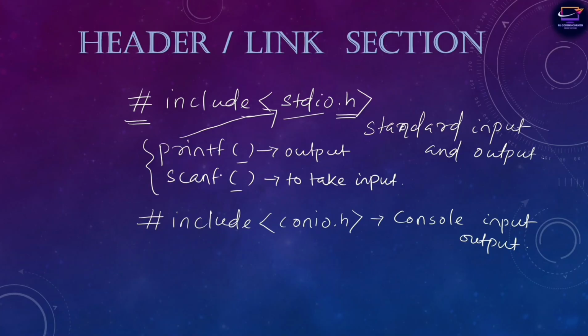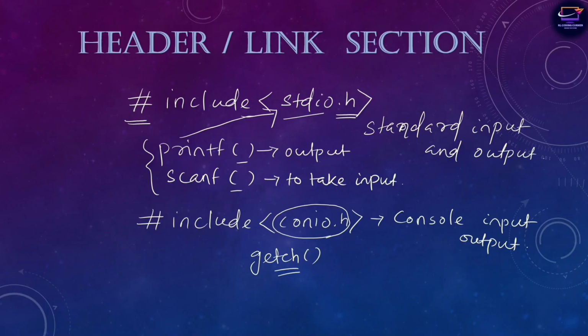Just as we include the stdio.h library for printf and scanf, there is another function called getch. So if we want to use the getch function in a program, we have to include the conio.h header file. Clear? When we discuss the complete program, then we will discuss what it means. So the function getch is already defined in the conio.h header file, right? If you write the getch function in your code, the compiler will not be able to understand it if you don't include its corresponding header file.